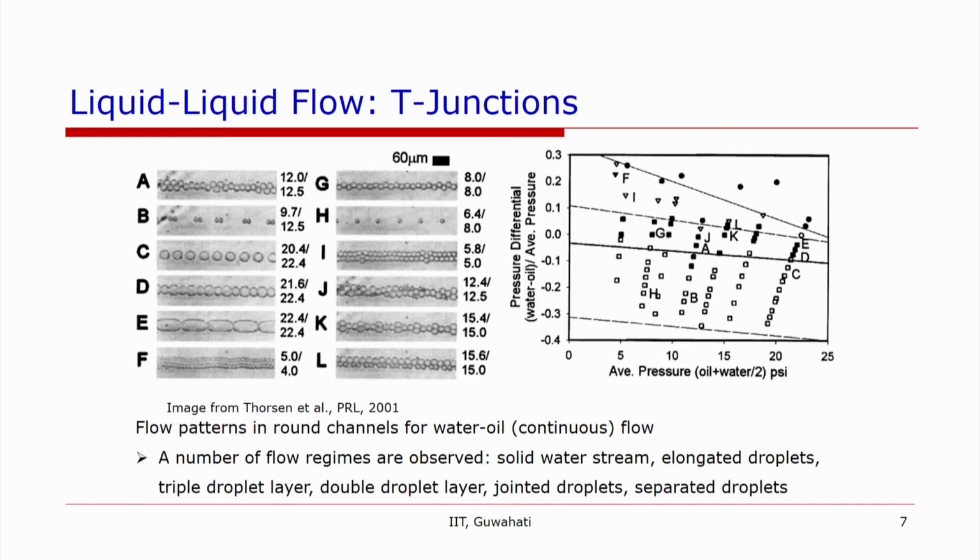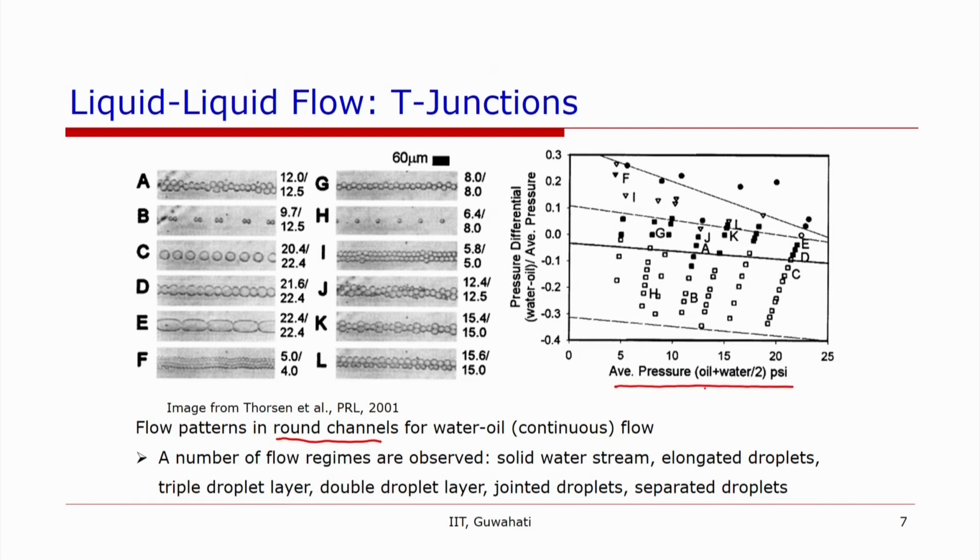Okay. Now the same configuration, but for a round or circular channel for water-oil continuous flow, they have got very different flow regimes, and they have drawn a map based on the pressures of the two phases.